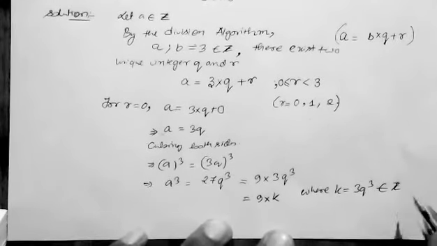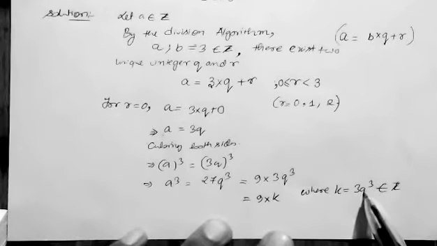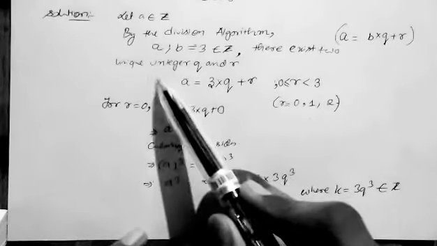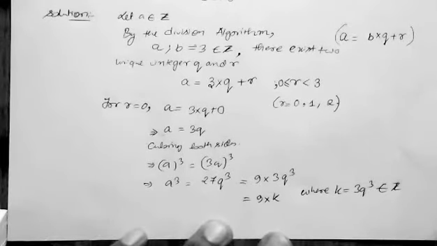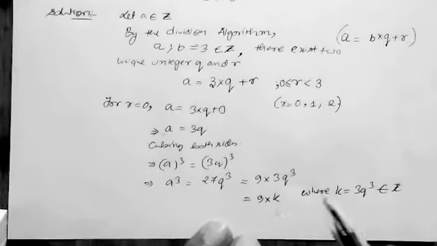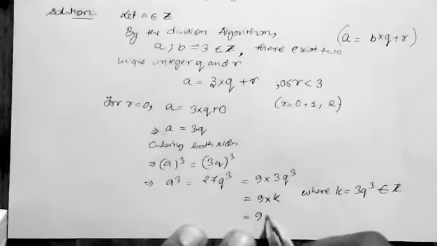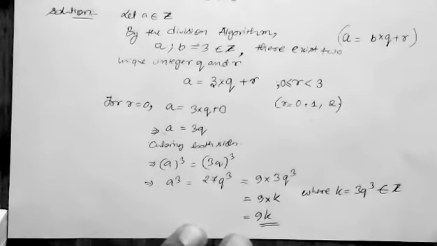Why is it an integer? Because 3 is an integer, and as we have considered q to be a unique integer, this whole term q cube will also be an integer, so 3 into q cube will also be an integer. So we have replaced it by some constant quantity, say k, where k is equal to this and k belongs to an integer. So you can simplify it like this, 9k.